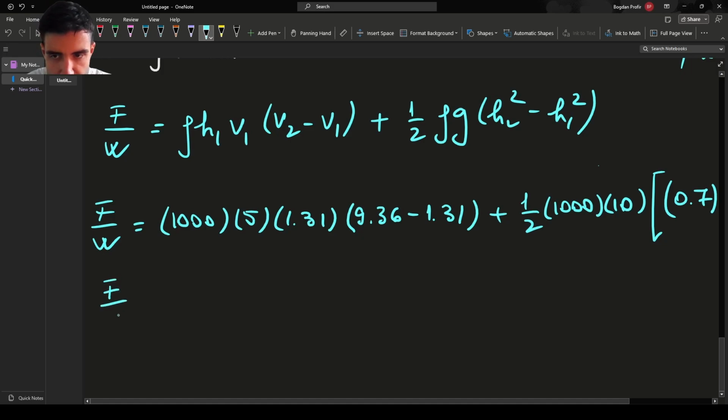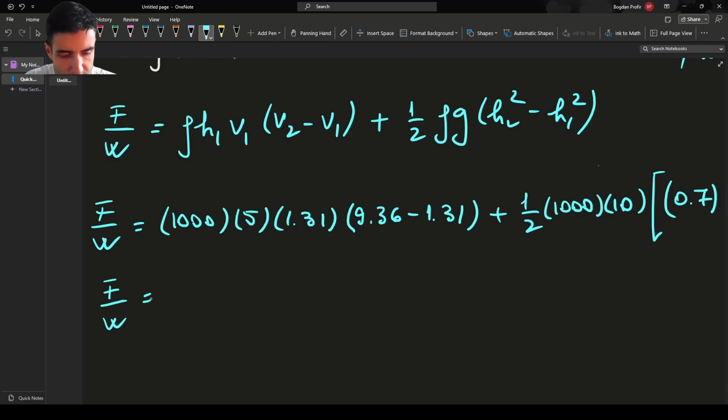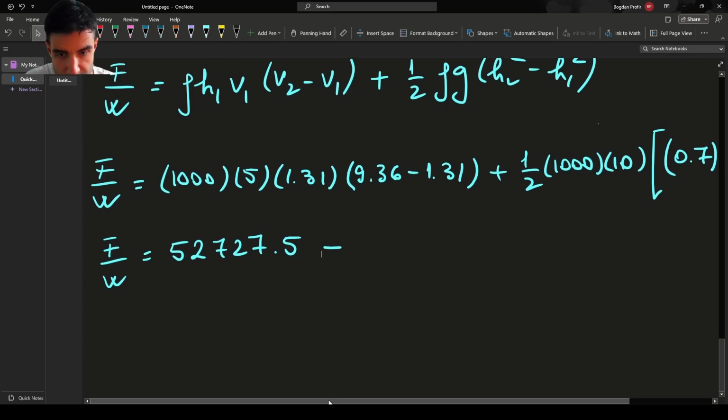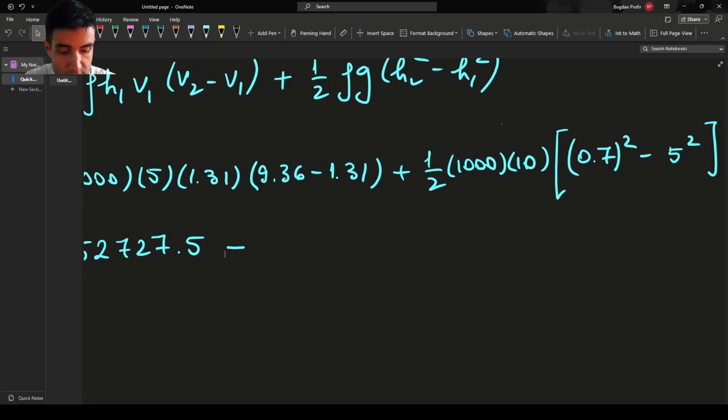Therefore, the force per unit width will be equal to, so now this is just a calculator exercise more than anything. So we've got 9.36 minus 1.31, so that's 52,727.5, and then I'm gonna put minus, and then we have, I'll multiply those as well. So 0.5 times 1000 times 10, and then times basically 25 minus 0.49.